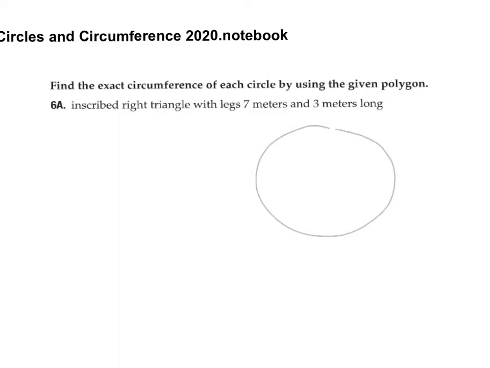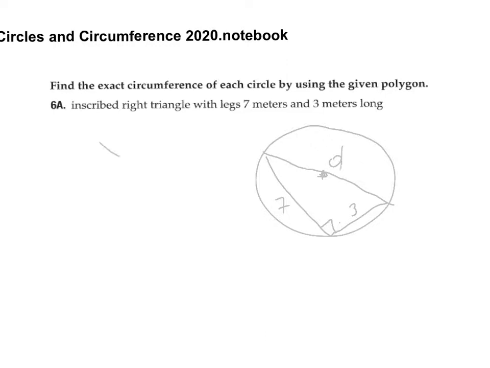Inscribed right triangle, so it has to go to the center. That's your hypotenuse. And they told you that the legs are 7 and 3. So right triangle. This is 3 units and this is 7 units. And again, in order to find circumference, I need to know diameter.